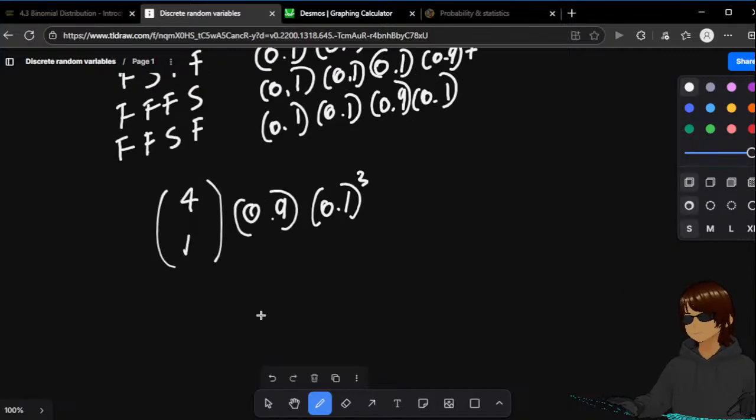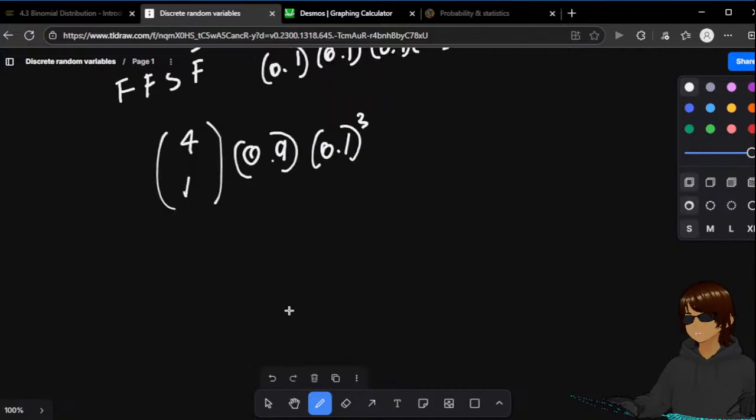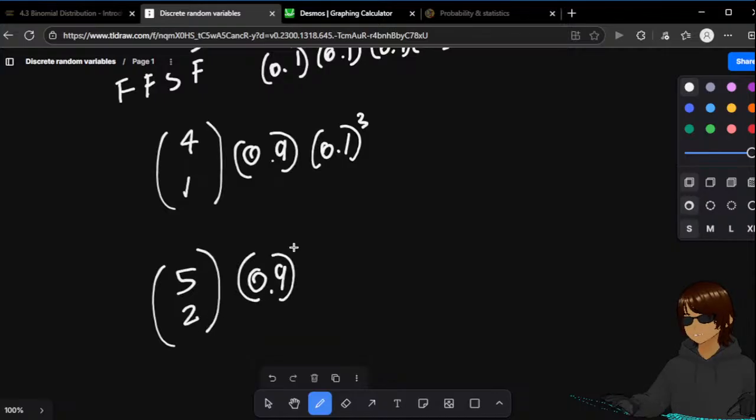So how about the probability of 5 throws with 2 successes? Success, success, and then the 3 fails. So success, success, fail, fail, fail. And there are 5 choose 2 ways of getting 2 successes and 3 fails.